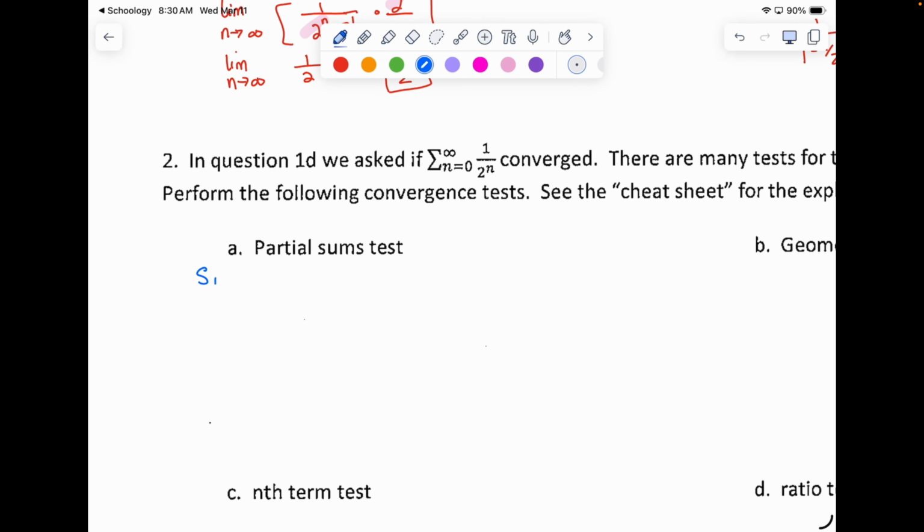And that's how you would know. So our first partial sum, S1, is just the first term. Our second sum, S2, is 1 plus 1/2, 3/2.